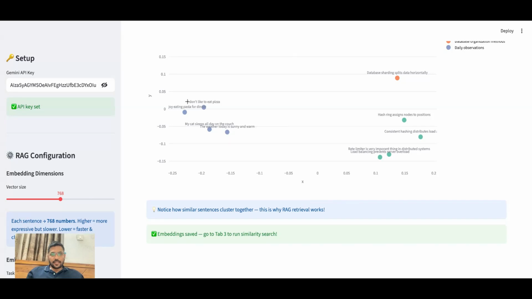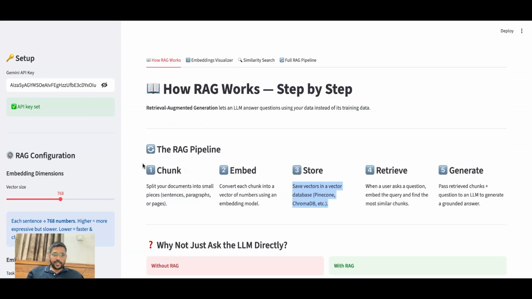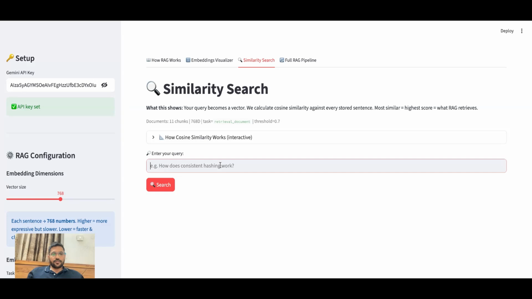Once these embeddings are generated, we will store them into the vector database. That is the end of our stage one, that is indexing: chunking, embedding, and then store. Then we start with the retrieval stage, where we search for a query.